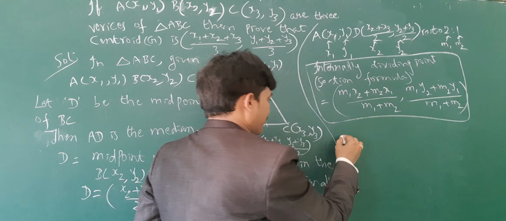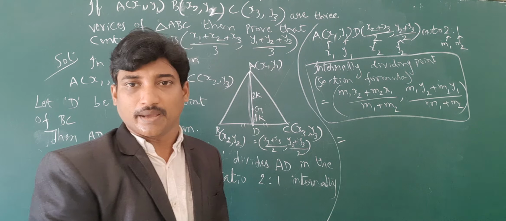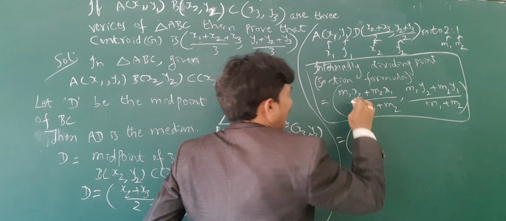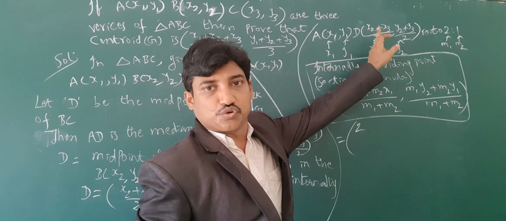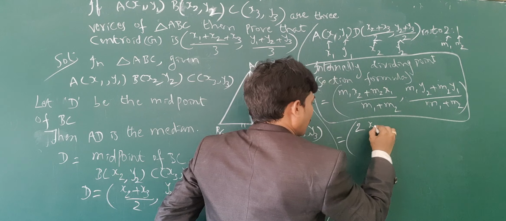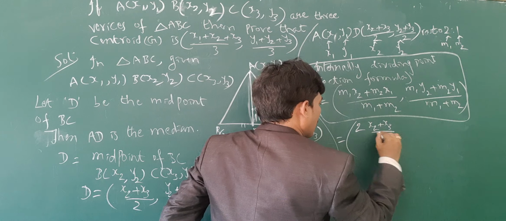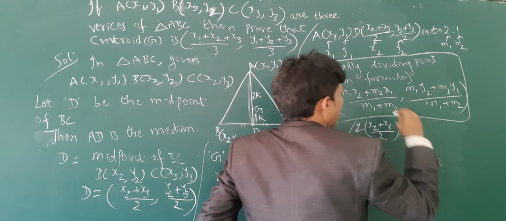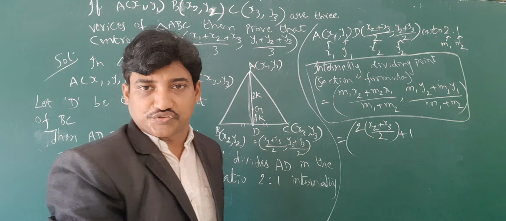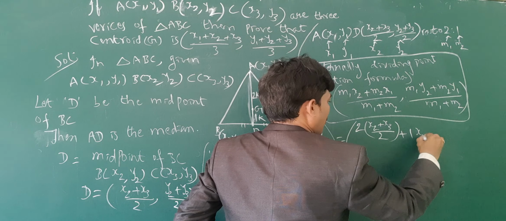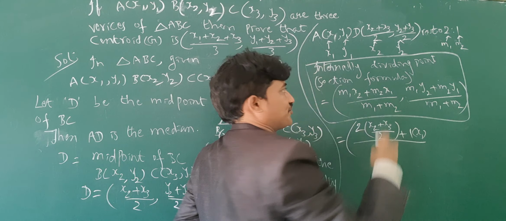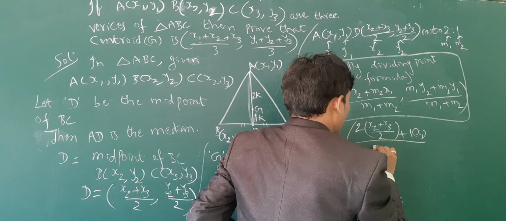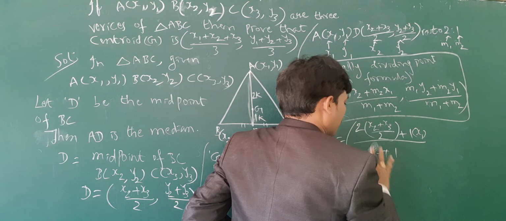By substituting those values in the formula: m1 is 2, x2 is x2 plus x3 by 2, plus m2 is 1, x1 is x1, by m1 plus m2, that is 2 plus 1.